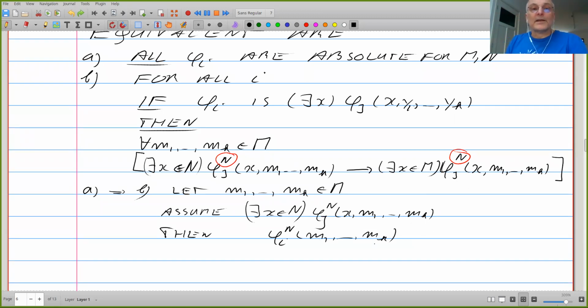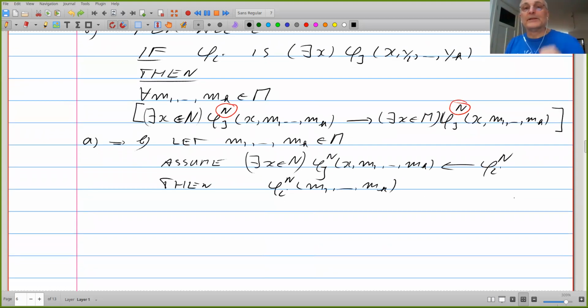Notice that this is just phi I n. So we see that phi I n is true of the points m1 up to mk.